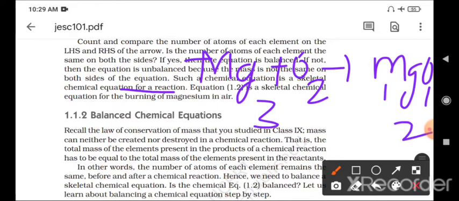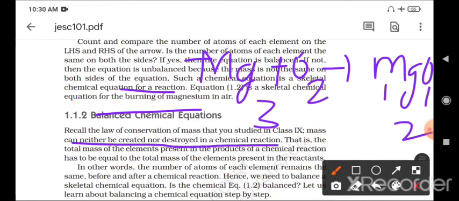Then how do you balance this equation? That is our next main problem. That is called the balanced chemical equation. Recall the law of conservation of mass that you studied in the 9th class. Mass can neither be created nor destroyed in a chemical reaction. Remember that. One more question: what is the conservation of mass?